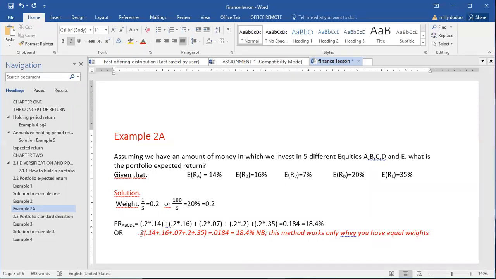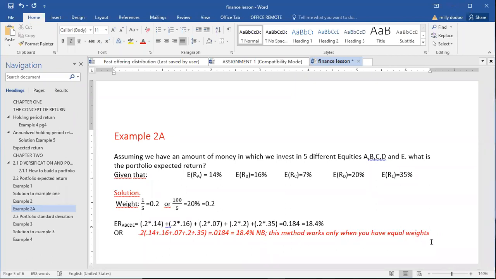But when you have different weights like 60, 70, then you decide to bring 60, 70 outside before multiplying, you get everything wrong. So this is how student A can do his own, and this is how student B can also do his or her own.